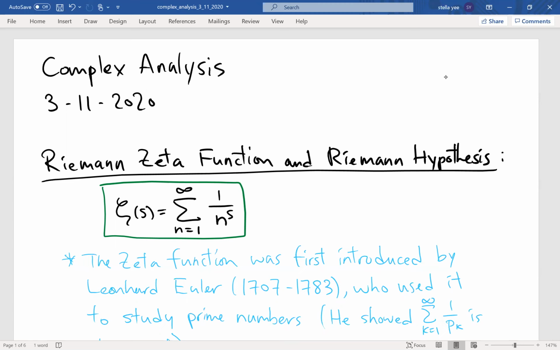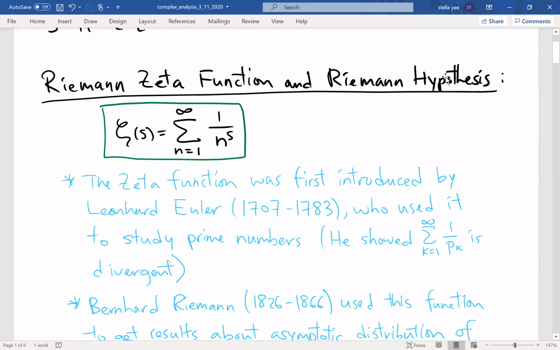So note that s is the variable here, not the n. n is counting from 1 to infinity, and s could be thought of as a complex number, some kind of exponent on n. This is not a power series, so it doesn't have to converge in a circle. In fact, it converges on a certain half plane. So I'll get to that in a second.